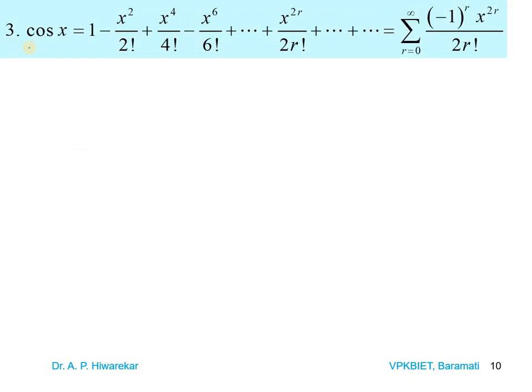Then we have, if you take f(x) is equal to cos x, then what will happen? We have the Maclaurin series. What is the formula?